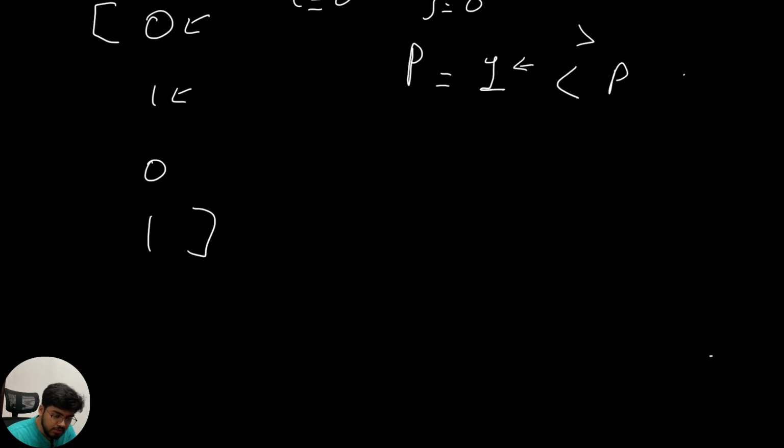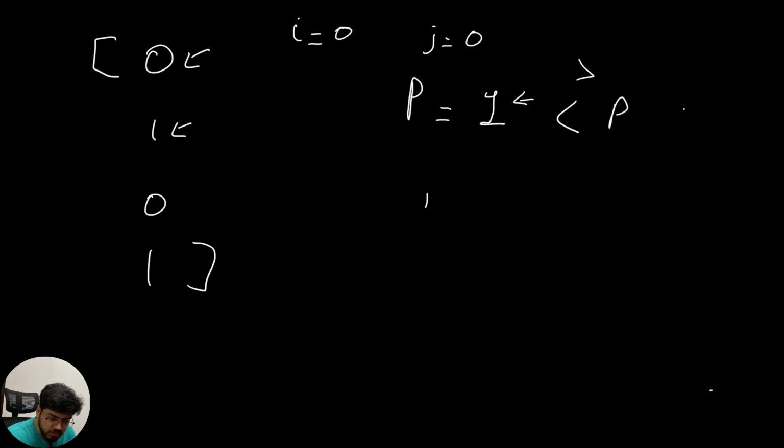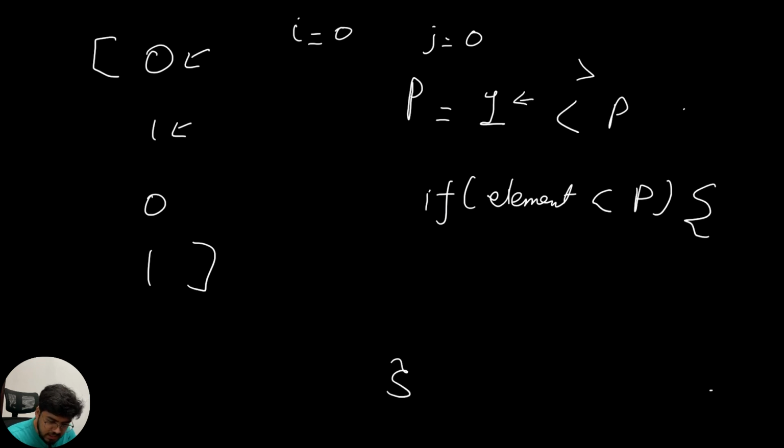Now I will tell you how it will work. If my element is lesser than the pivot, I will swap the elements. For swapping also, I will tell you how to swap using a temporary variable. I will swap the elements at i and j, where i is the index and j is the number of elements which are pivoted elements.